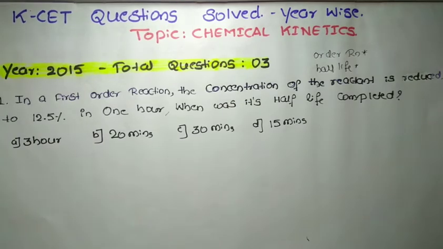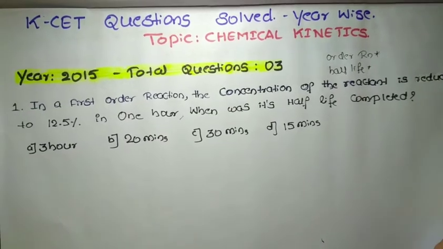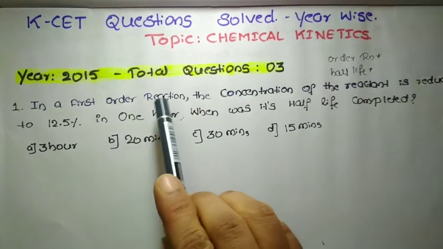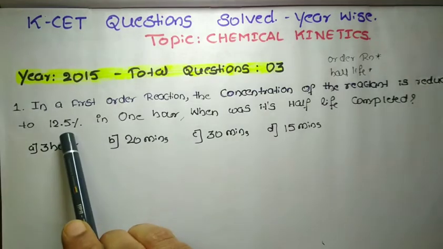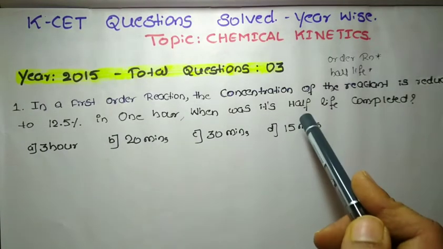Quite simple here. They have only mentioned it is a first order reaction, where the concentration is given. The only thing you have to calculate is T half.